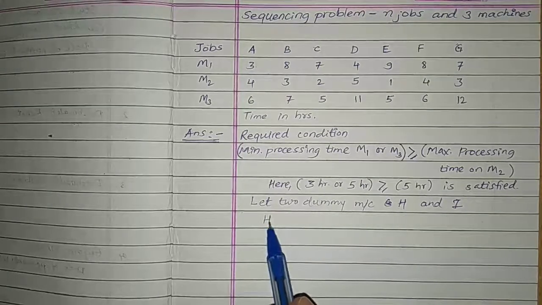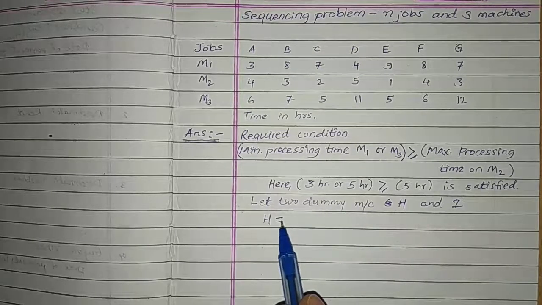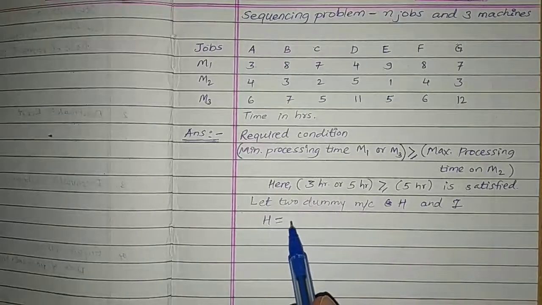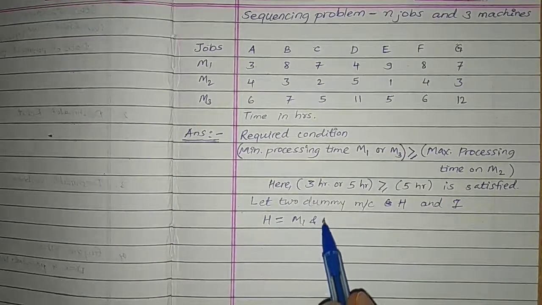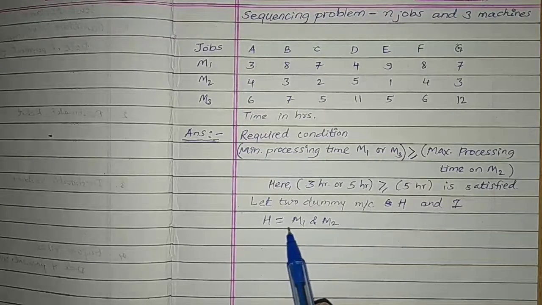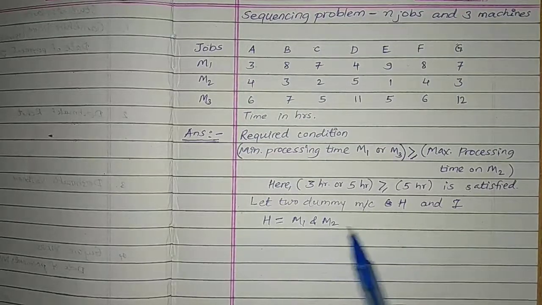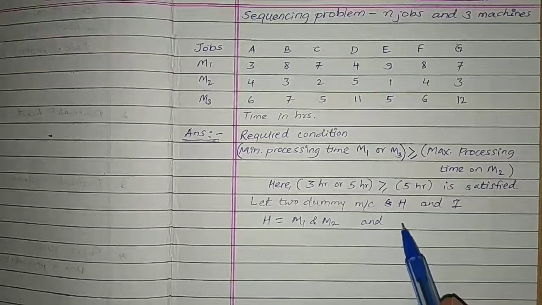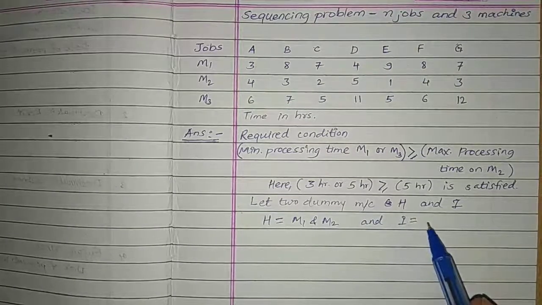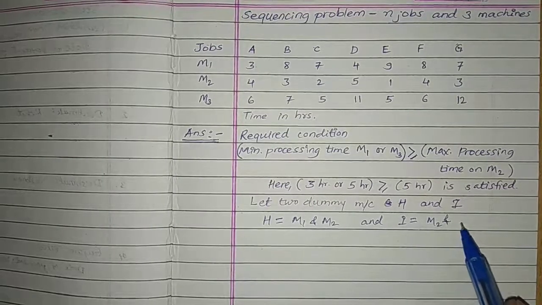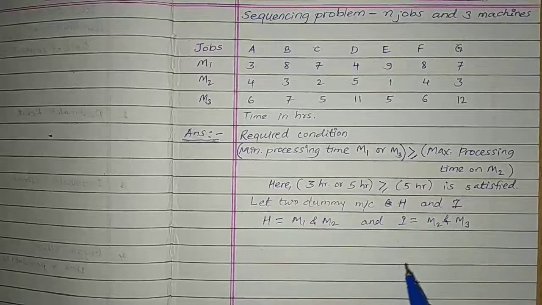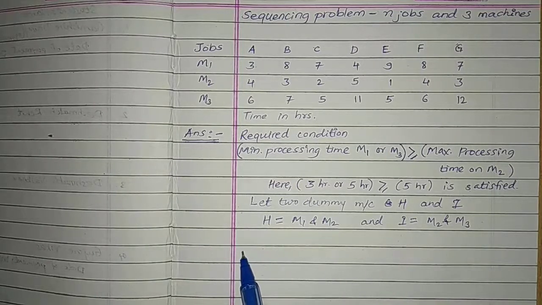For machine H, we add the processing times of machines M1 and M2, and for machine I, let us take the addition of processing times of M2 and M3.